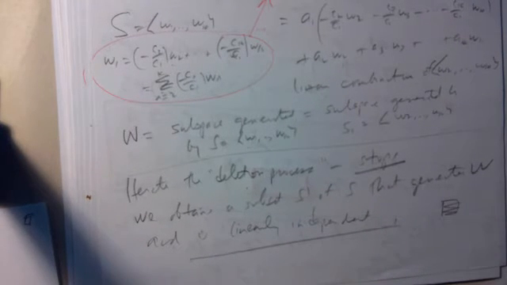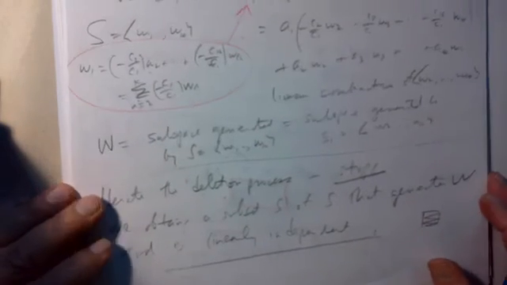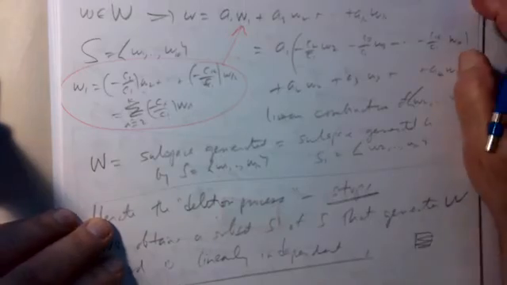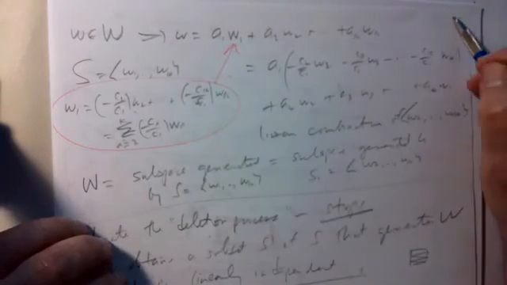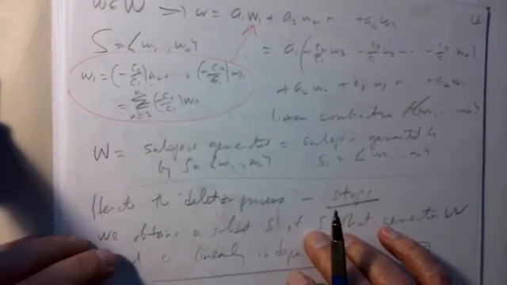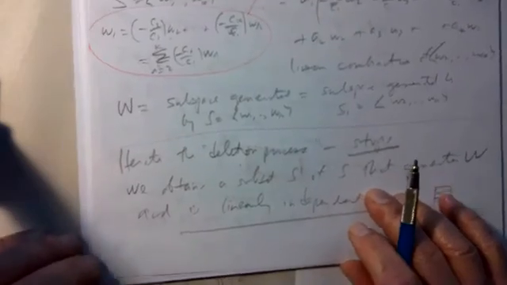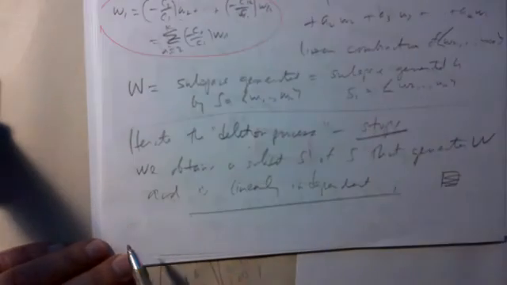And that's the proof. This is a beautiful proof of the result that says if you have a finite set S that generates a subspace, it always contains a subset that is linearly independent and generates the same subspace.